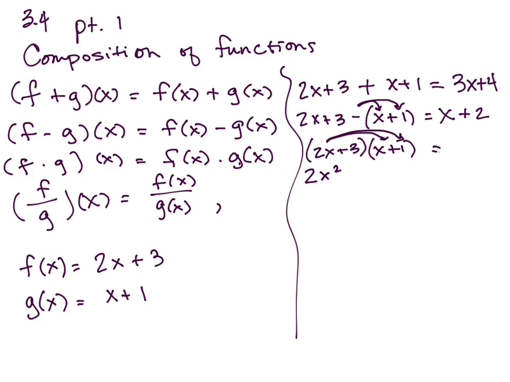Outside, 2x times 1. Inside, 3 times x. Last, 3 times 1. So combining those, I get 2x squared plus 5x plus 3. That is the function that results from multiplying f times g. Everybody okay here?